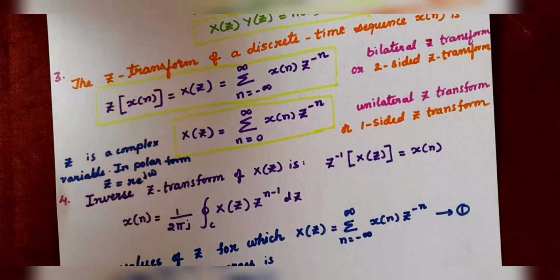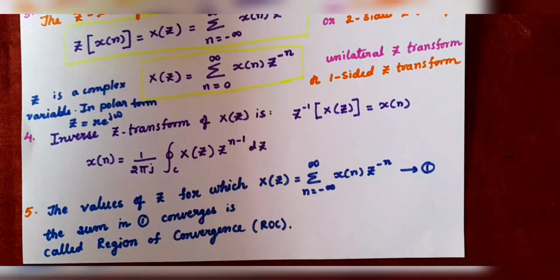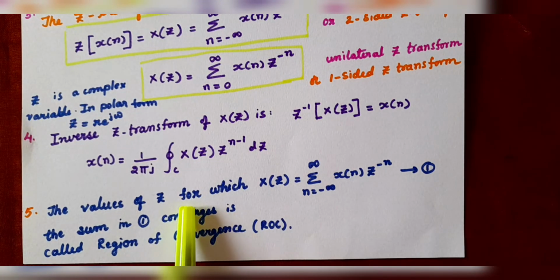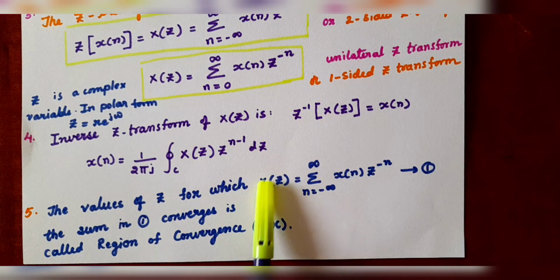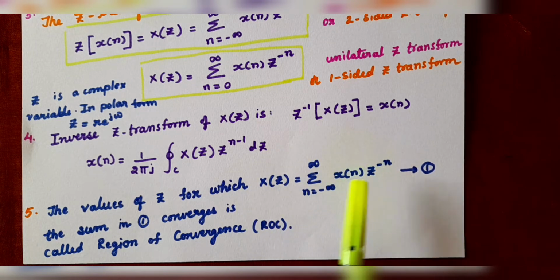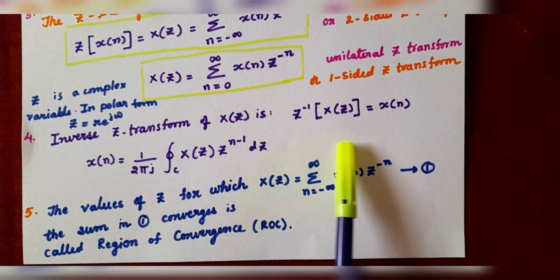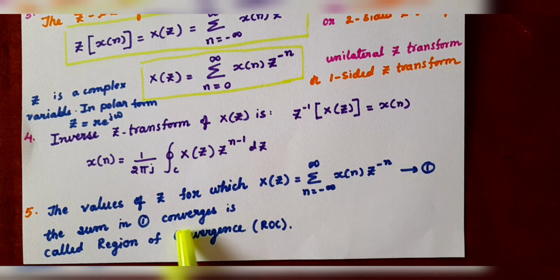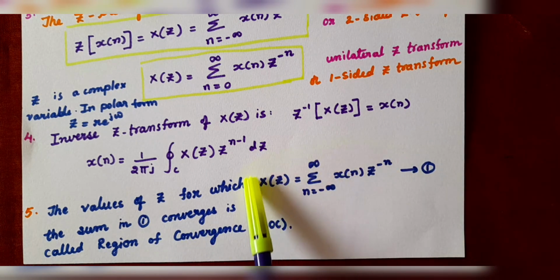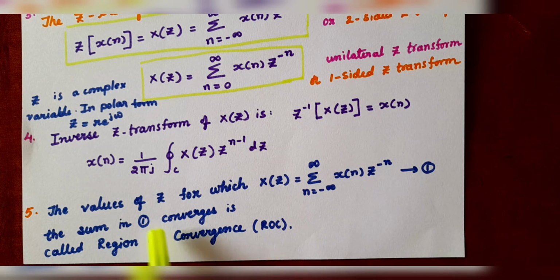Coming to the fifth point, the values of z for which the sum in equation 1 converges, that is, the summation results in some finite value, we say those are the values of z for which X of z converges, and this is called the region of convergence.